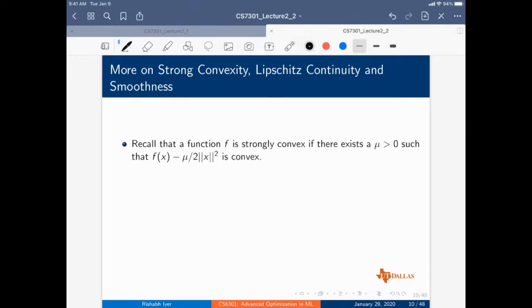So let's now contrast strong convexity with Lipschitz continuity and smoothness. Recall that a function f is strongly convex if there exists a mu greater than 0, which is the strong convexity coefficient. This was the same as C that we were seeing earlier, such that f of x minus mu by 2 norm x squared is convex.